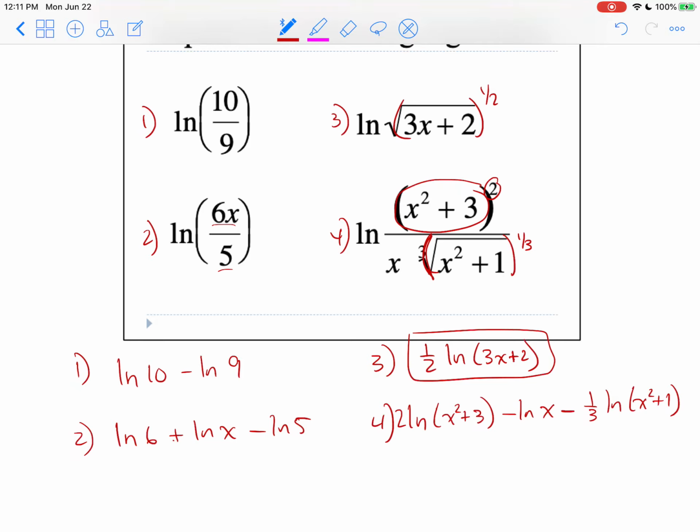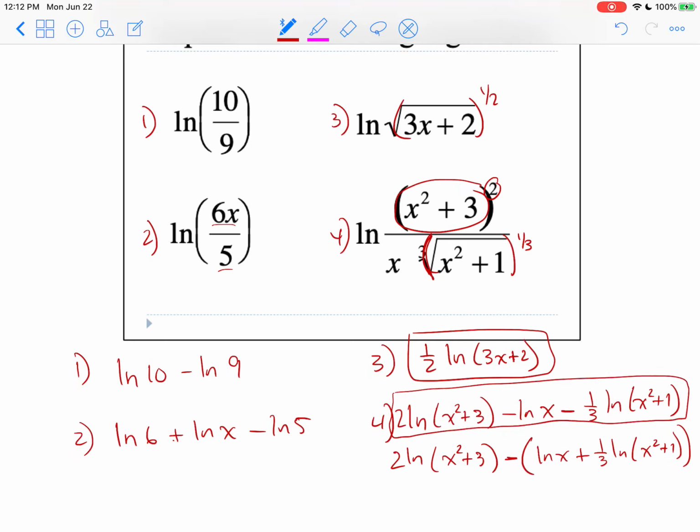Now, if you had wanted to, you could have done 2 ln of x squared plus 3 minus, in parentheses, ln of x plus 1/3 ln of x squared plus 1. This would be valid as well, but we always want to try to get rid of as many parentheses as we can, which makes this answer a little bit better.